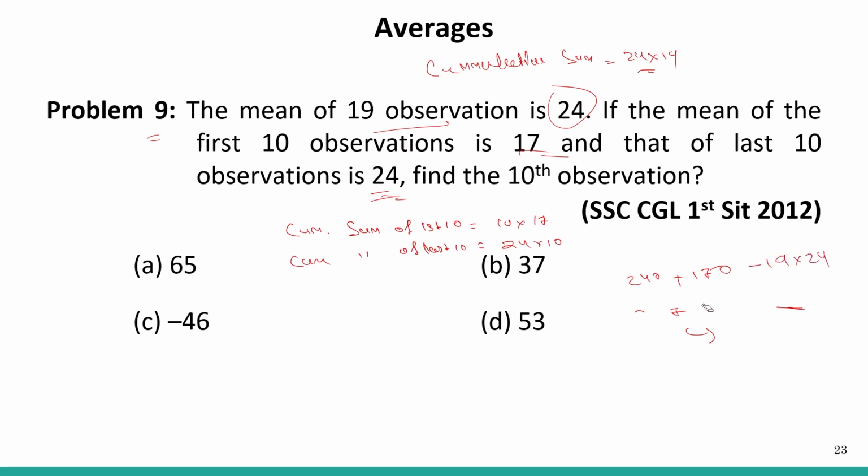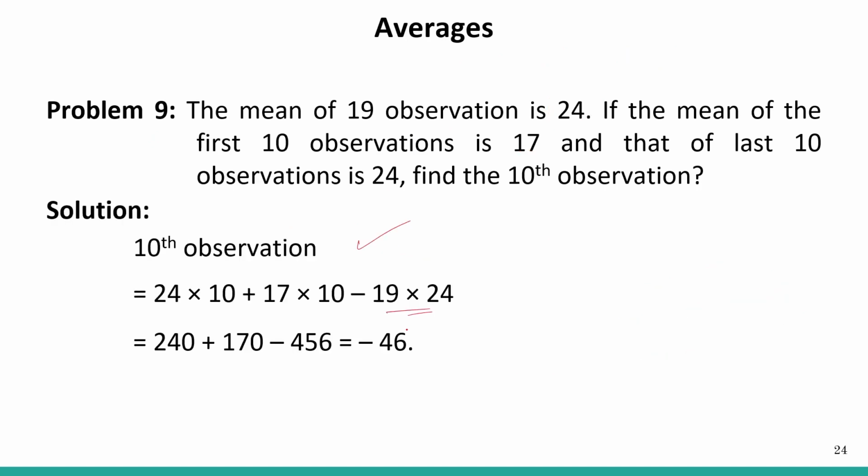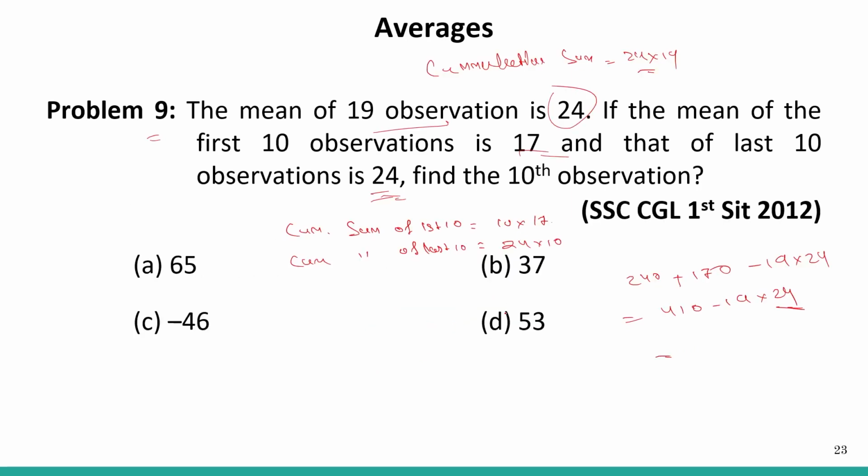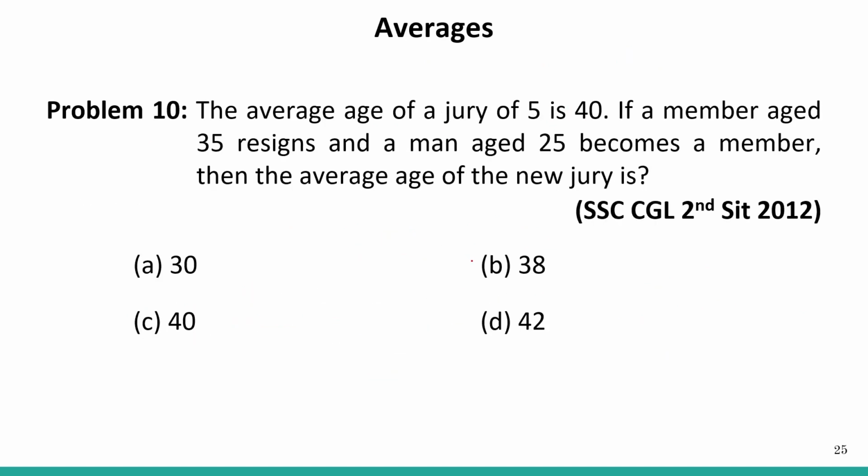So there was a slight mistake here. This will be equal to 410 minus 19 into 24, which is equal to minus 46. So the answer will be minus 46. This will be the correct answer. 53, 37, these are all wrong answers.